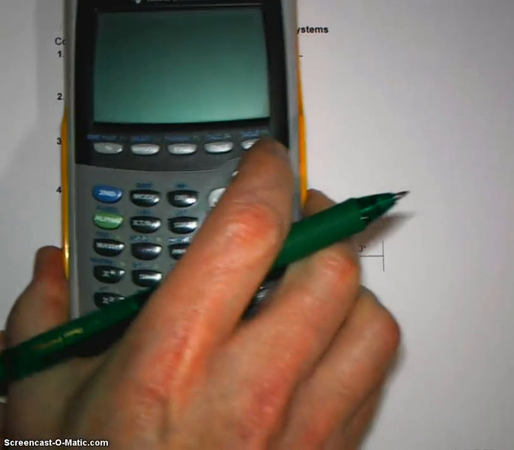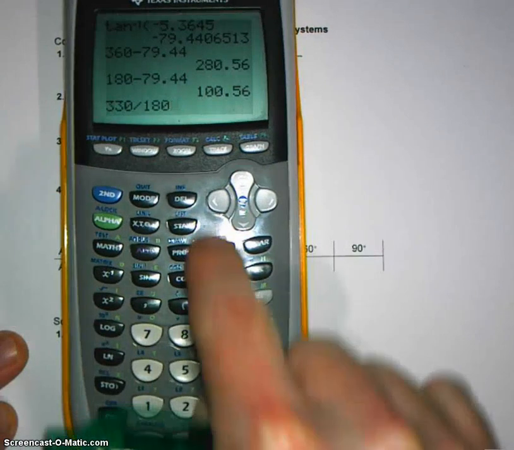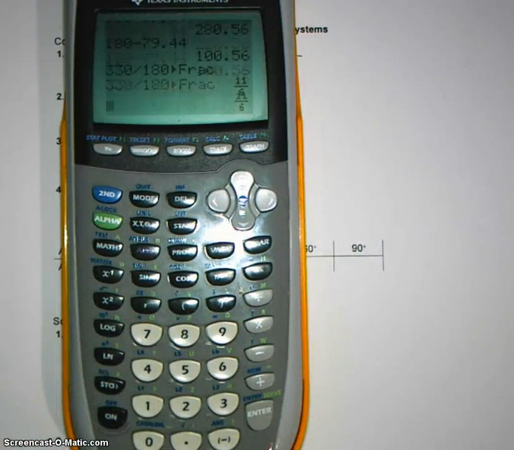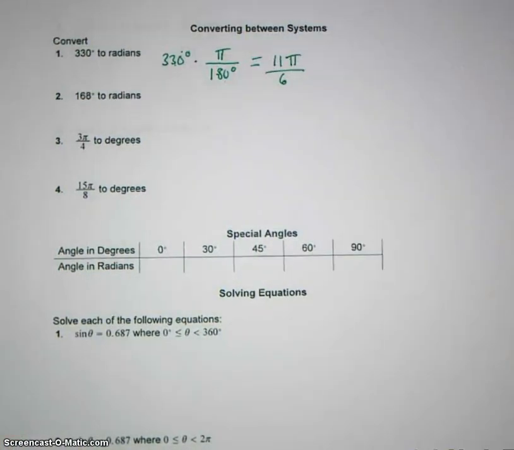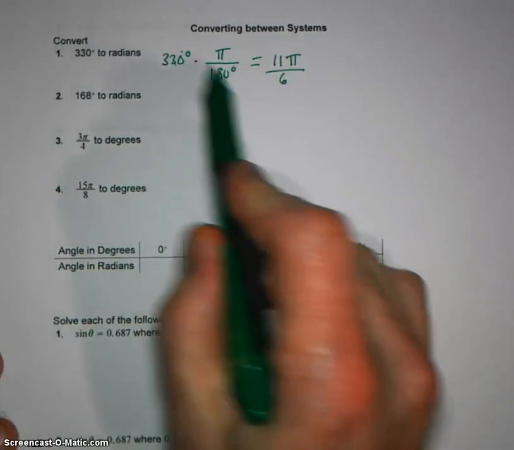So what I like to do is grab my calculator, go 330 divided by 180, and use it to convert and reduce the fraction for me. That's 11/6. So we write our answer as 11 pi over 6. And you'll get really used to that as we do more things with radians, that we type in the part without the pi, and then we just tag the pi on the end.